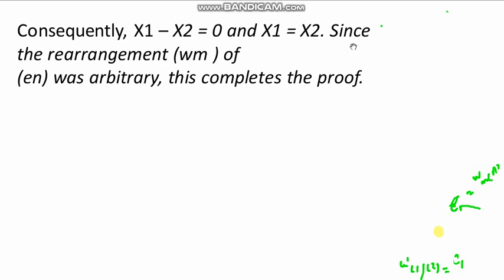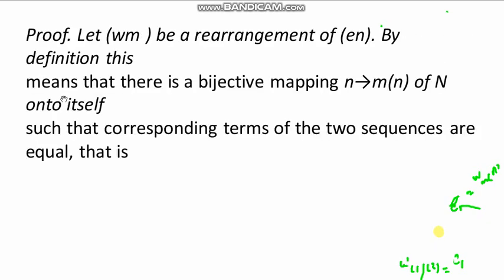So as we had supposed the rearrangement W_m of E_n, here you can see in the proof this rearrangement of E_n with W_m, and by definition we have to take sequences and prove that their corresponding terms are equal.